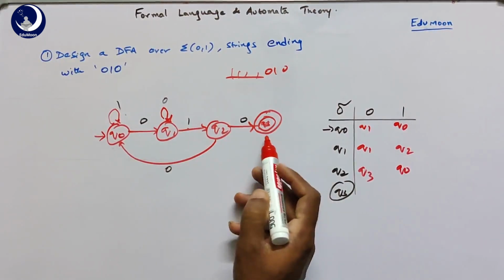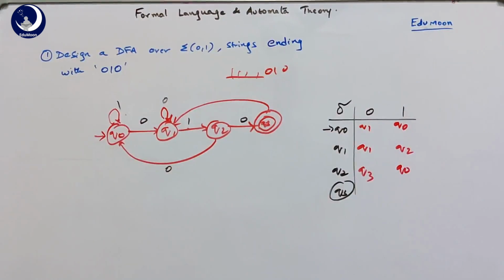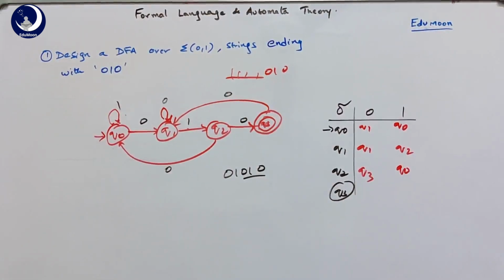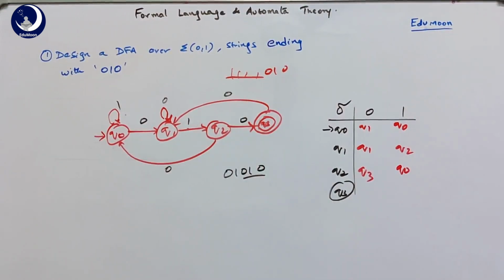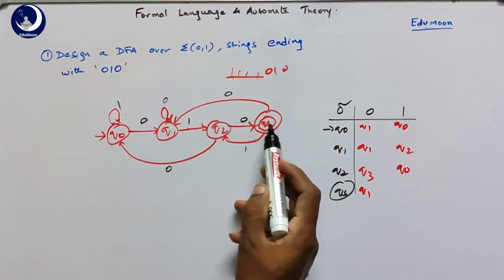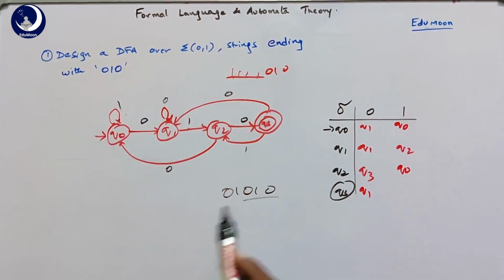Therefore we go to the previous state, one more state, where if the string ends with 0 1 0, again 0 1 0 and 1 0 can be accepted here. So 0 1 0 will come up to here, and again 0 1 0 can be accepted. So we go with the state q1. We write it in the table: q3 on 0 goes to q1, and finally q3 on 1 is given to q2, because again 0 1 0 and 1 0 can be accepted, right? In this way the string ends with 0 1 0, so that gets accepted.